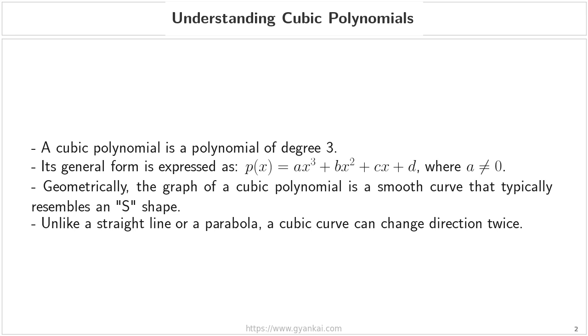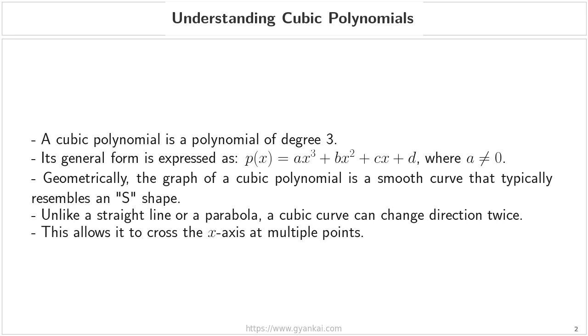The reason for this unique shape is that, unlike a straight line or a parabola, a cubic curve has the flexibility to change direction twice, meaning it can have a peak and a valley. Because of these two changes in direction, the curve has the ability to weave back and forth across the horizontal axis. As we will see in the upcoming examples, this flexibility is exactly what allows the graph to cross the x-axis at multiple different points, giving us anywhere from 1 to 3 possible zeros.